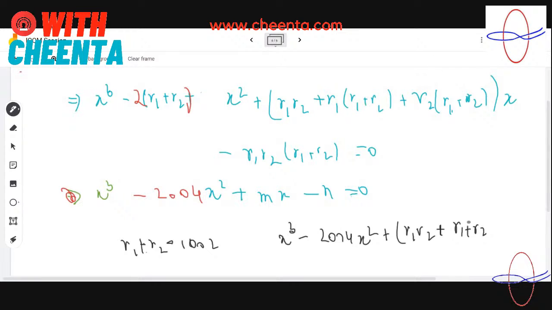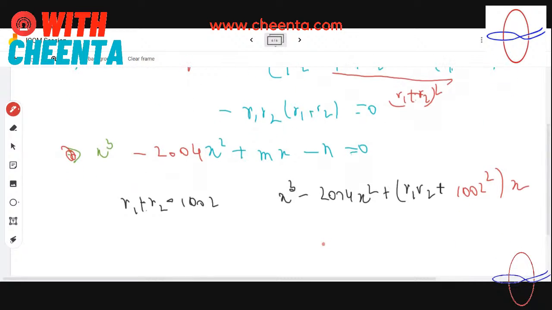You see here, that is 1002 whole square. So therefore it turns out that it's 1002 whole square, x minus r1 r2 times 1002, is equal to 0.